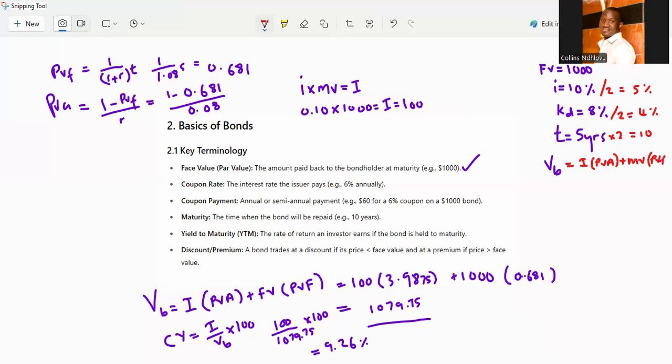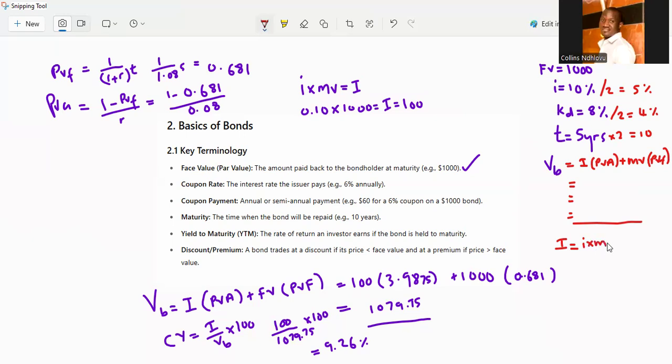How do you find the capital I? The big I is the small i times the face value.